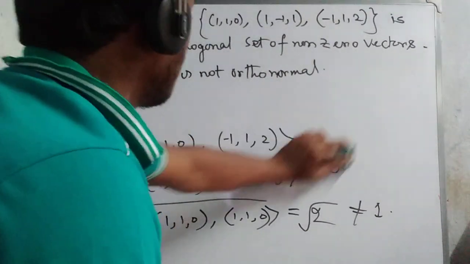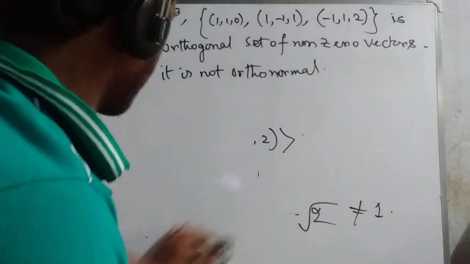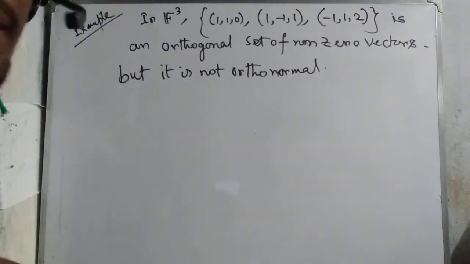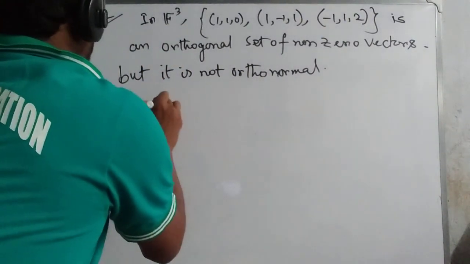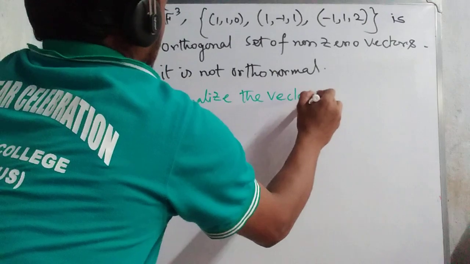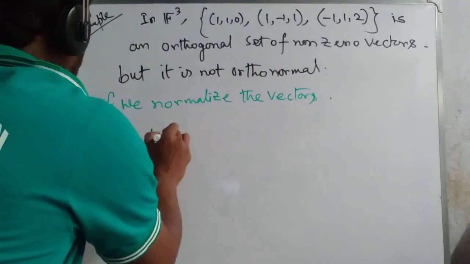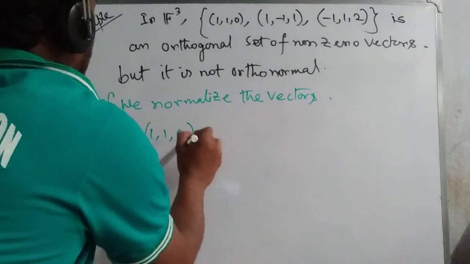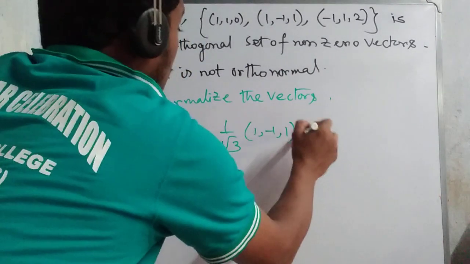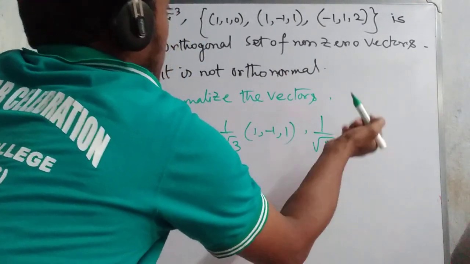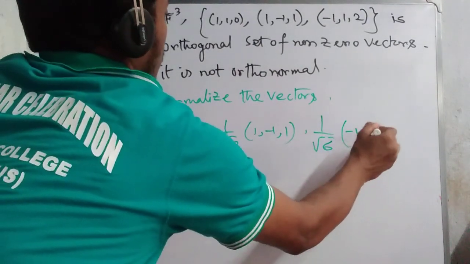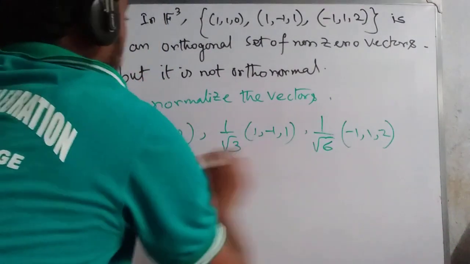Then obviously we get 1 by root 2 times (1,1,0), 1 by root 3 times (1,-1,1), and 1 by root 6 times (-1,1,2).